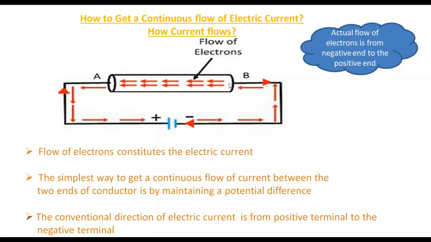In fact, the electrons present here also start moving towards this end. Why? Because negative and negative will repel each other, so they will drift towards this positive end. So it means the electrons will start moving from the negative end to the positive end, right? And this flow of electrons, this motion of electrons, constitutes electric current.